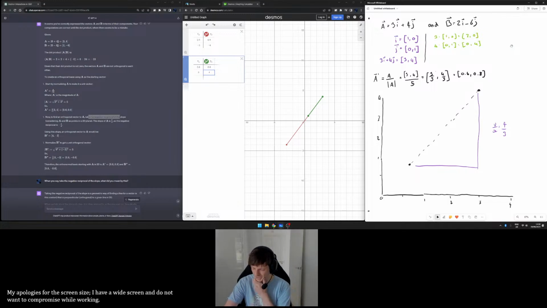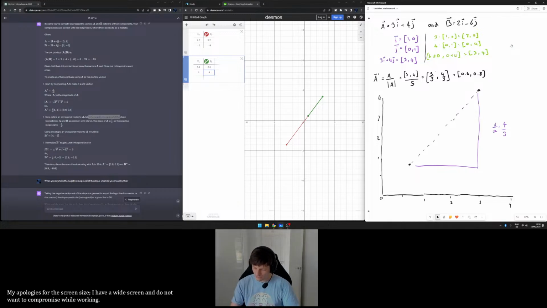And then if you plus them together, I see, if you plus them together, 3 plus 0, 0 plus 4 equals 3, 4. There we are. Okay, cool. So we understand that now. Well, I understand it now.